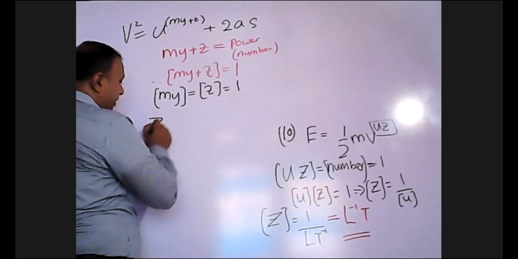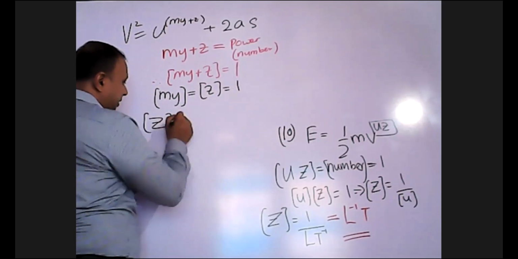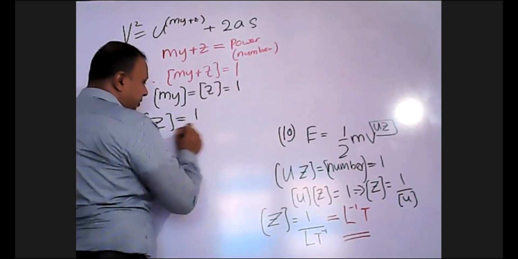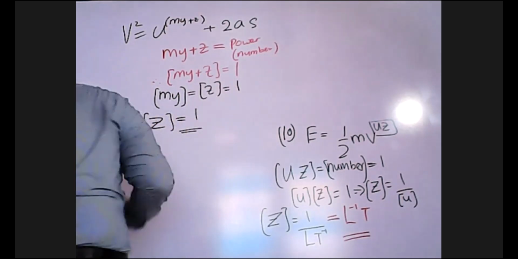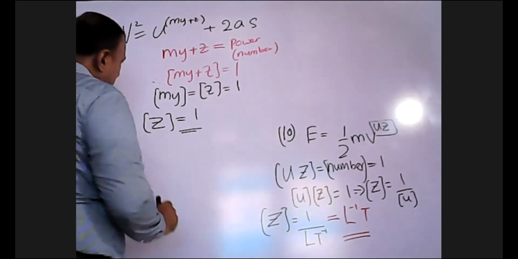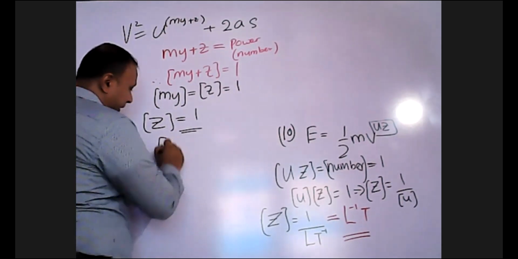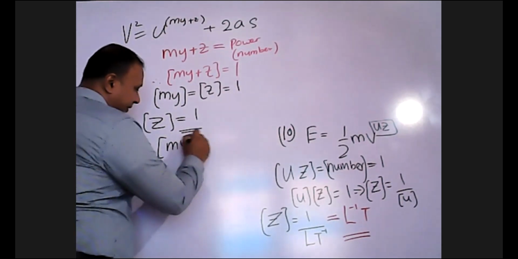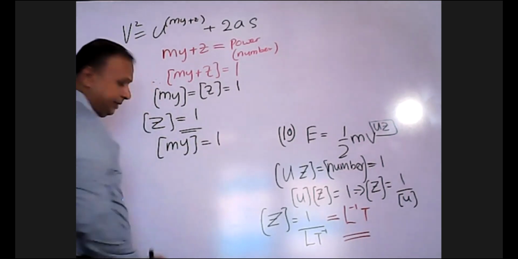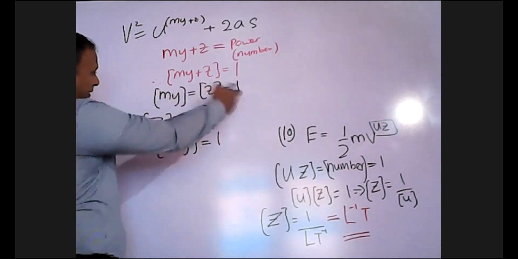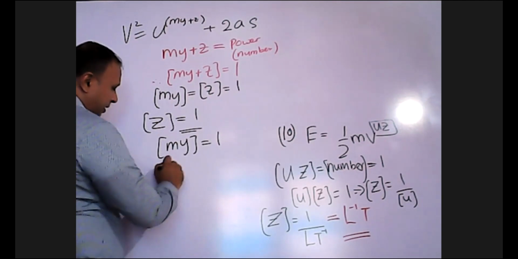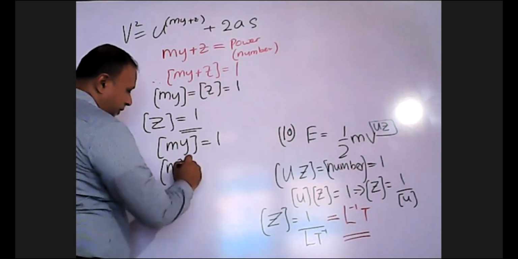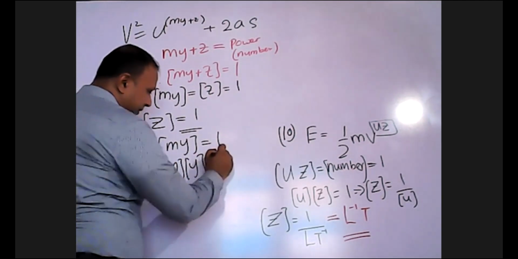From that, we can determine directly the dimension of z equals 1. The dimension of m y should be 1. Therefore, dimension of m into dimension of y is equal to 1.